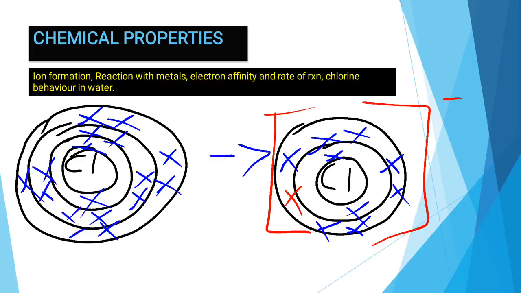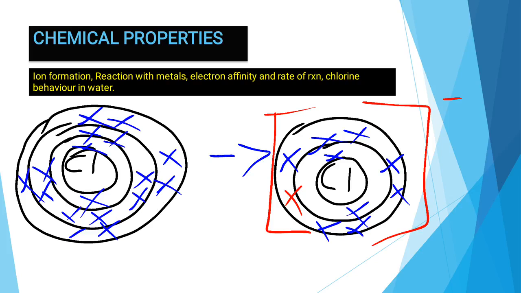The electron affinity for halogens usually decreases as the size of the atom increases. You got that? So the electron affinity will decrease as the size of the atom increases.